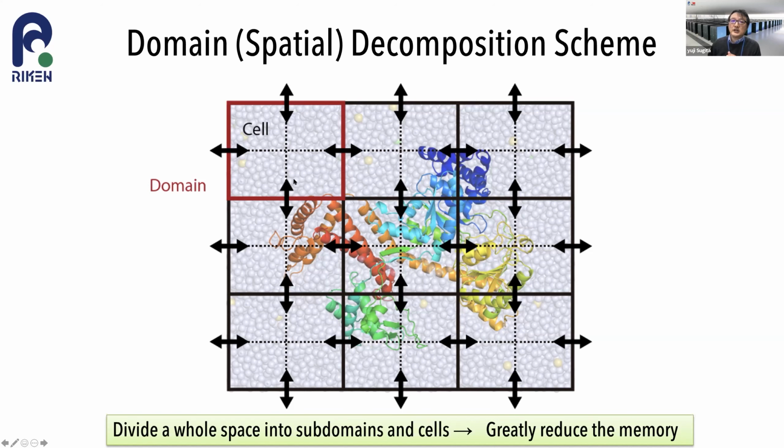We divide the space into several domains like this, and then if you use MPI, each MPI process has responsibility for each domain, for example.